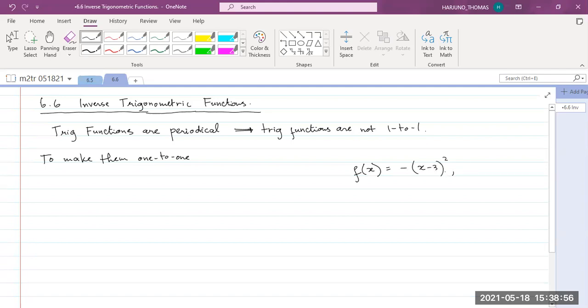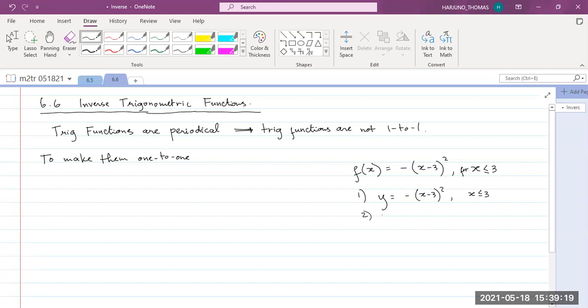Now, this is not a one-to-one function, but if we restrict the domain to, let's say, x less than or equal to 3, then it becomes a one-to-one function. Then we can find the inverse, right? So y equals negative (x minus 3) squared for x less than or equal to 3.